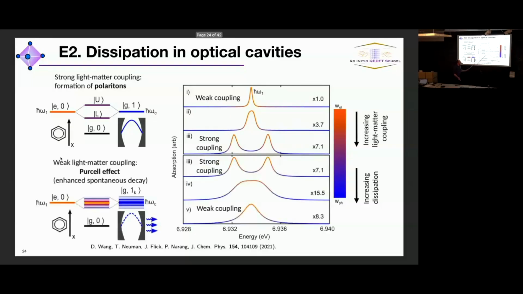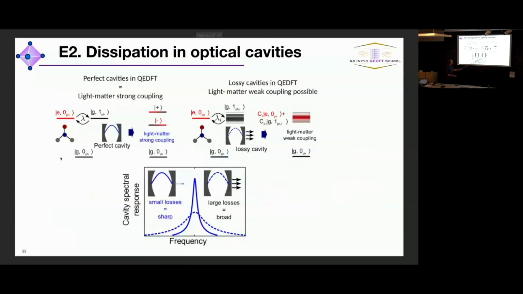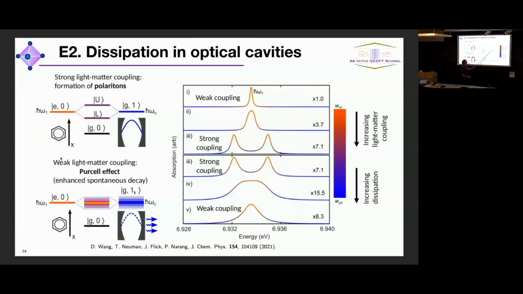Clearly there's strong coupling, there's hybridization of light and matter. But now in the opposite limit, if we have strong coupling but increase the dissipation, meaning that if we go back to the slide, the losses become more and more, the spectral response of the cavity becomes broader and broader. Then we can go down again from strong coupling to a limit where we are effectively weak coupling again.